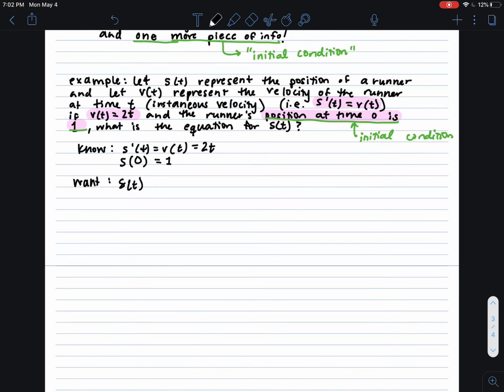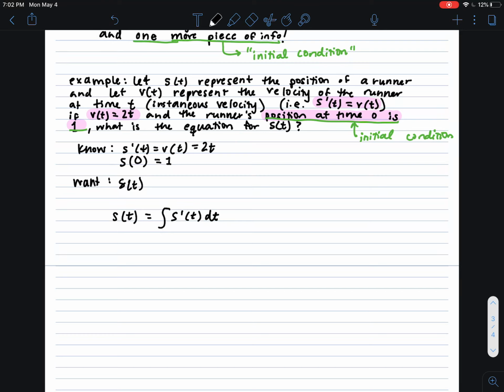Okay, so what we need to do basically is undo this derivative, right? We have the derivative here. We want s of t without the derivative, so we're going to take the antiderivative of this function. So s of t is going to be equal to the integral of s prime of t dt.